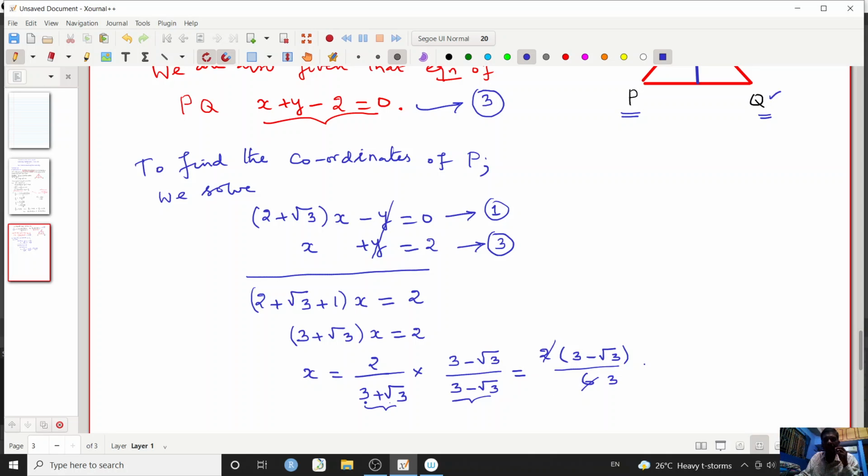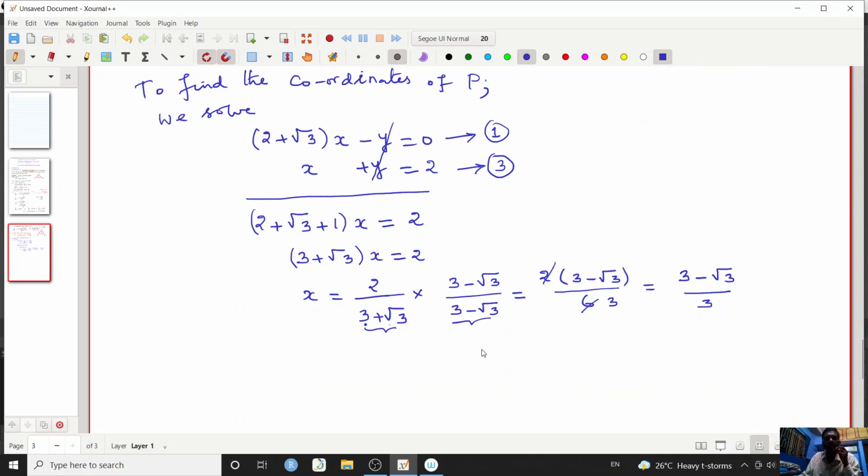What you will get is (3 - root 3) over 3. This is the value of x.